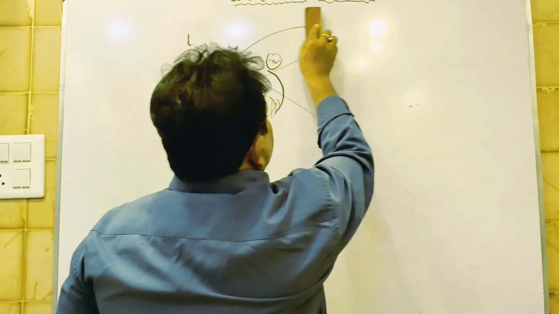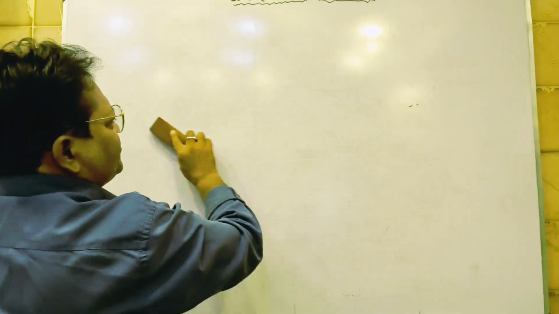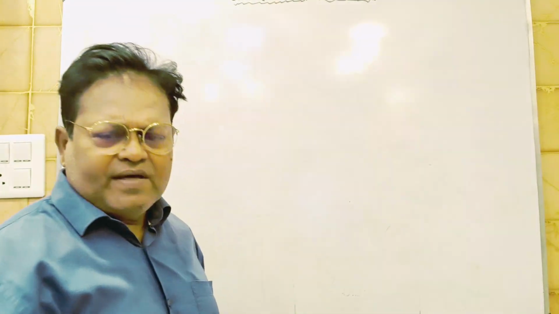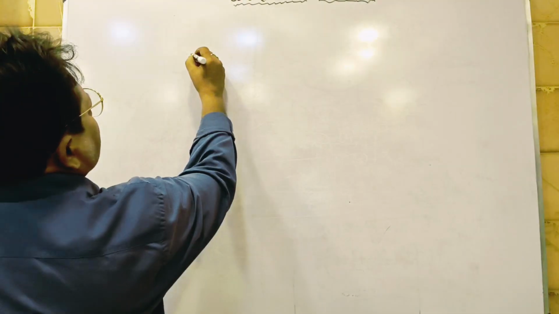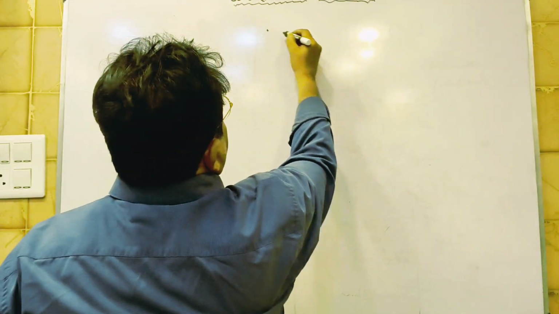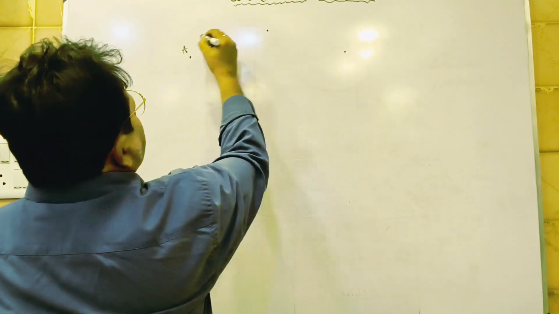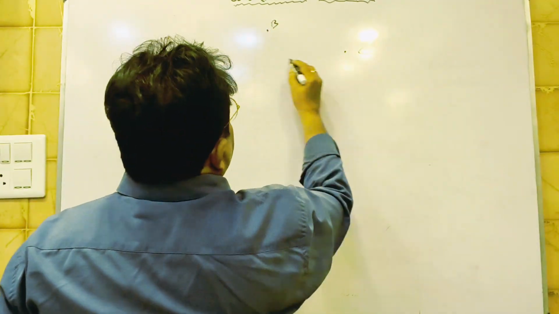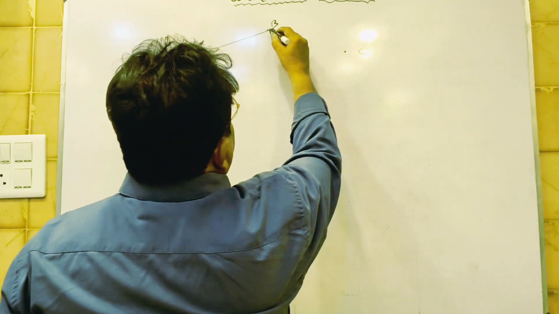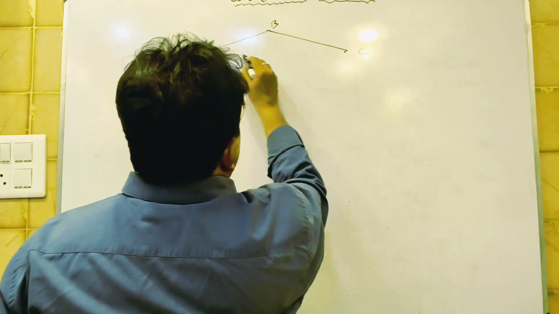How do you find the collinearity of 3 points? When are 3 points said to be collinear? Suppose these are 3 points A, B, C, but here these 3 points are not collinear because they form a triangle.